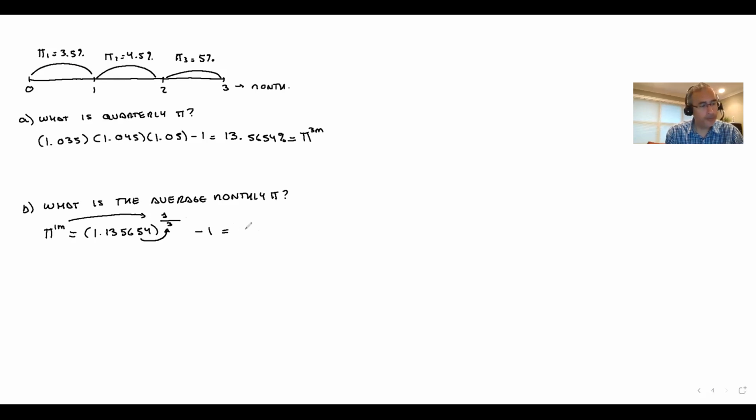So if you do that, you obtain 4.3315%. Done. So this is the way in which we manage inflations. It is simply a compounding interest rate. That's it.